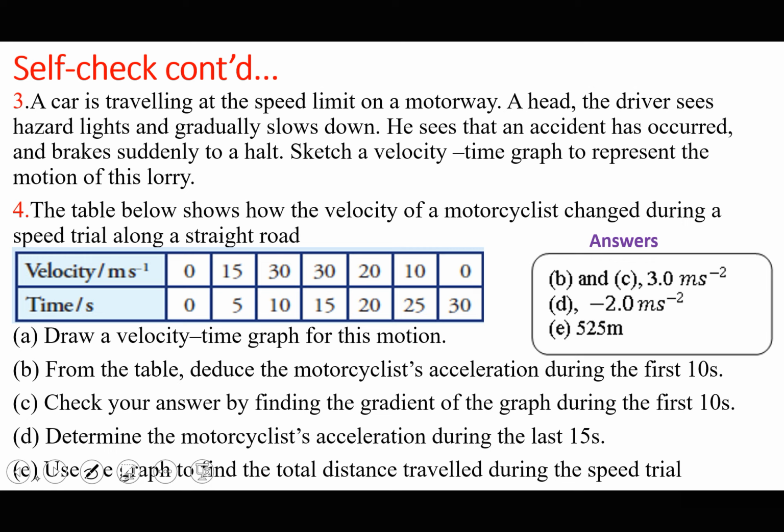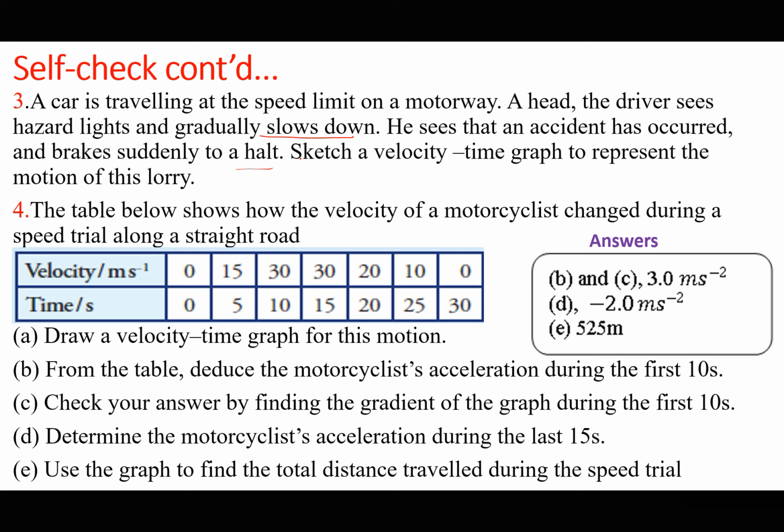A car is traveling at the speed limit on a motorway. Ahead the driver sees hazard lights and gradually slows down. He sees that an accident has occurred and brakes suddenly to a halt. Sketch a velocity time graph to represent the motion.